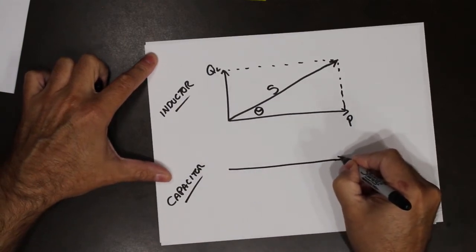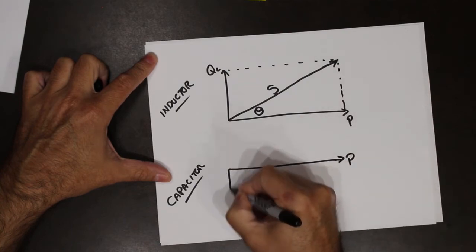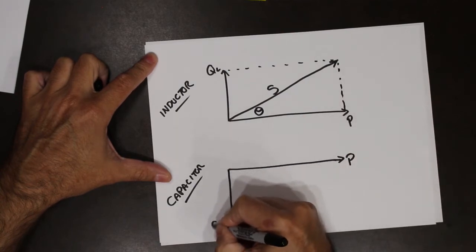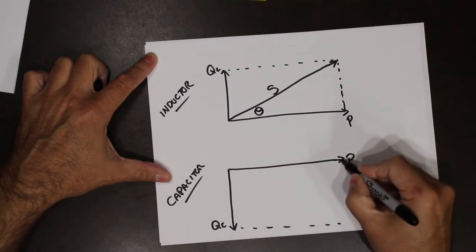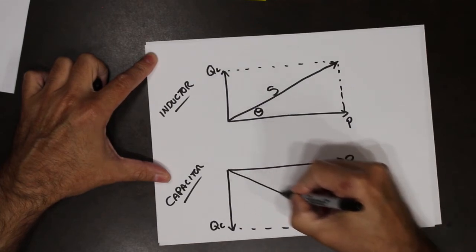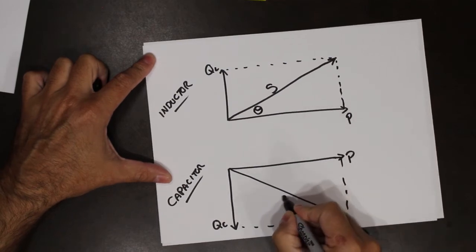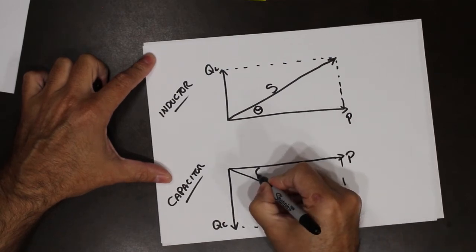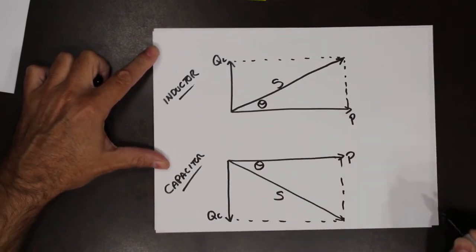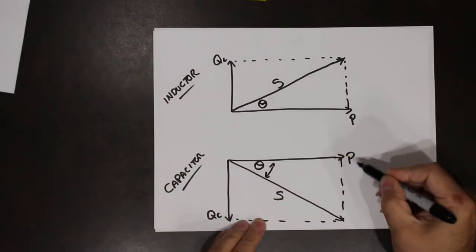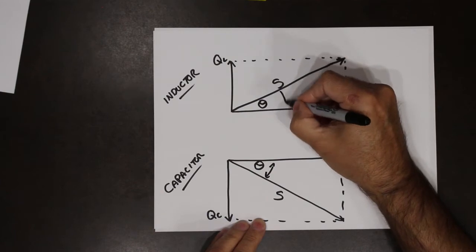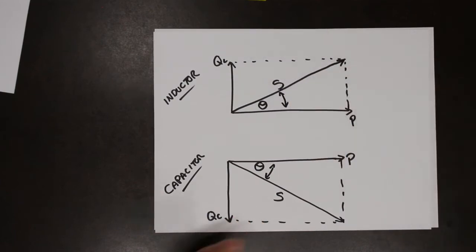So here is the P, here is the Q, the vector sum of those two is S, and here is my angle. So the angle is basically between P and S. That's our angle.